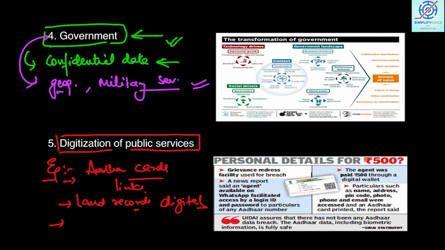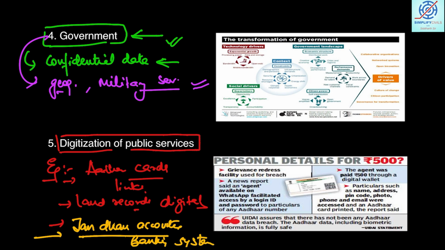If the government is trying to give payments to its people, maybe women or workers, through government schemes, it is doing so using the Jan Dhan scheme. Jan Dhan accounts are being opened for the people, they have been included in the banking system, and the direct benefit transfer, DBT, is happening.